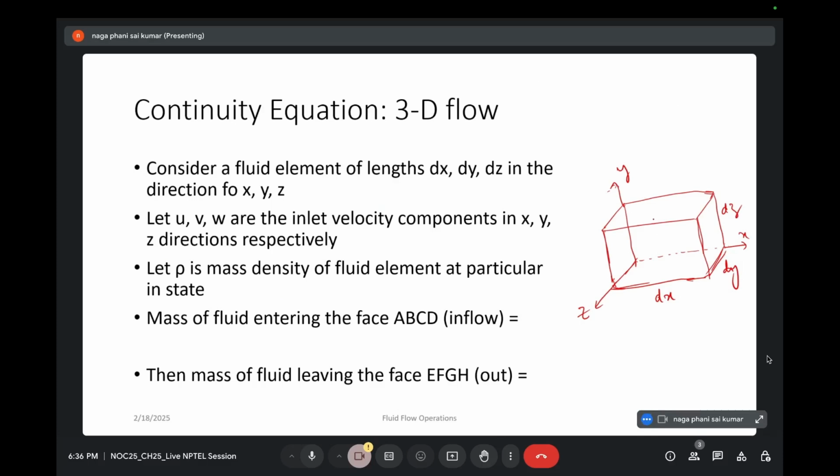Okay, so these are the lengths of fluid element, length, breadth, and height of fluid elements in x, y, z directions. And let's say fluid is flowing in this direction.